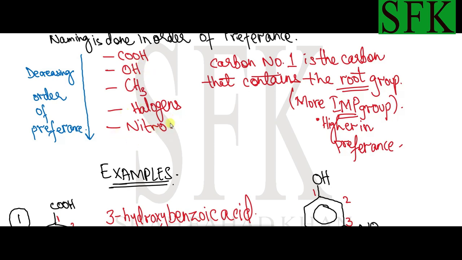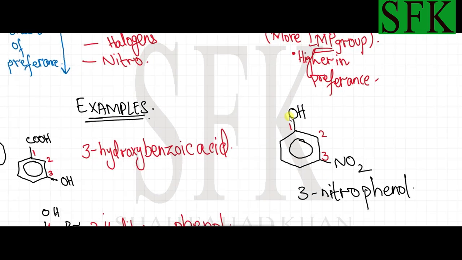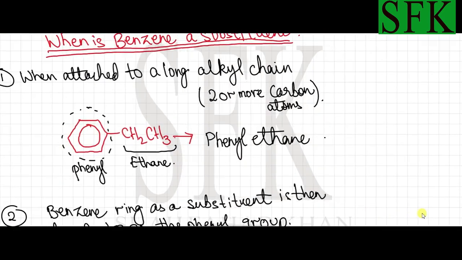So again nitro becomes the substituent and phenol is the root group. The carbon which has the OH group directly attached is given carbon 1, then 2 and 3. So it becomes 3-nitrophenol.